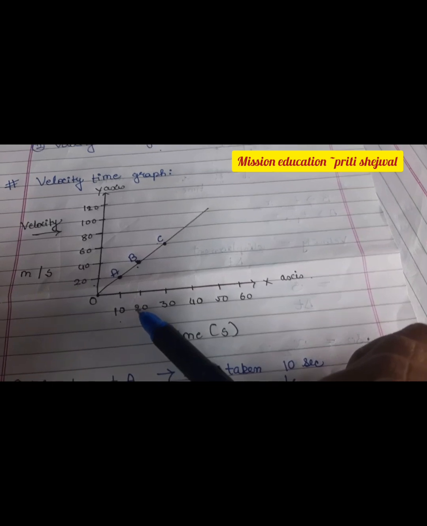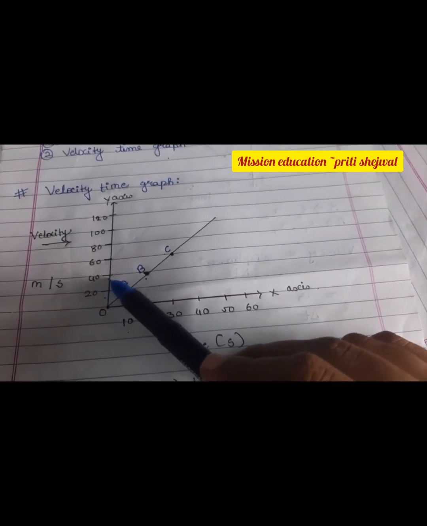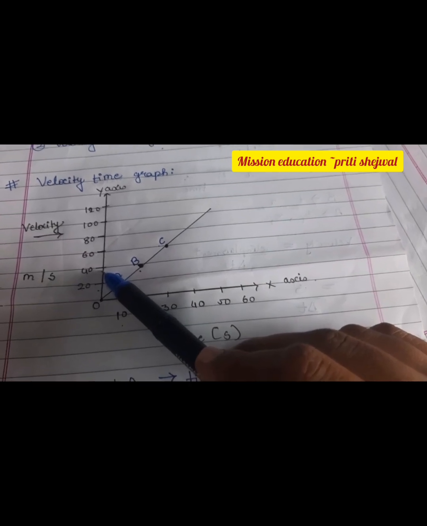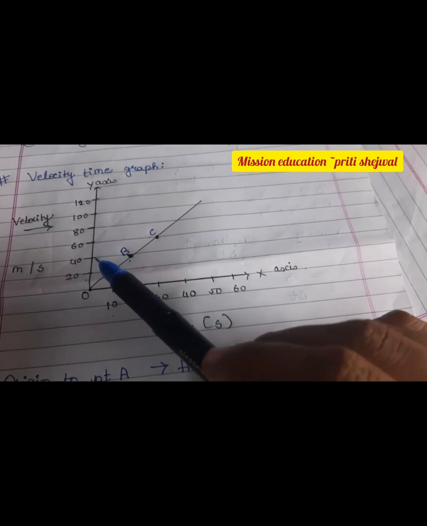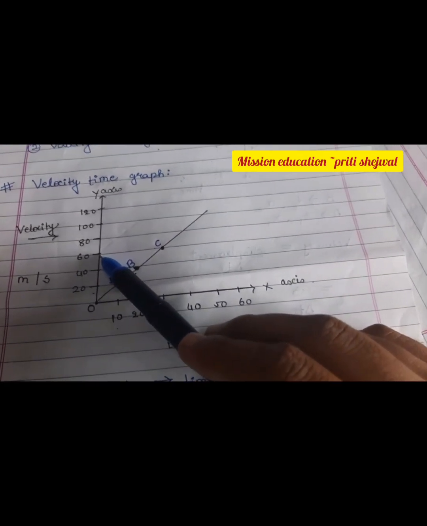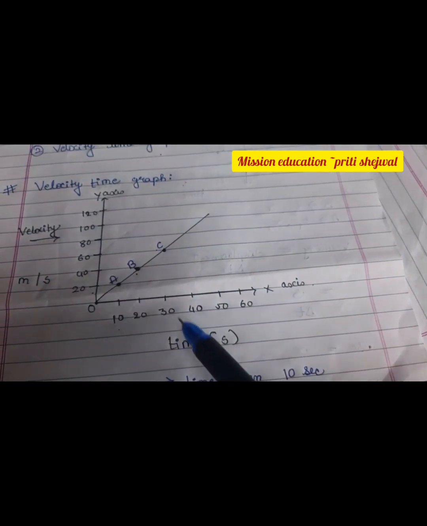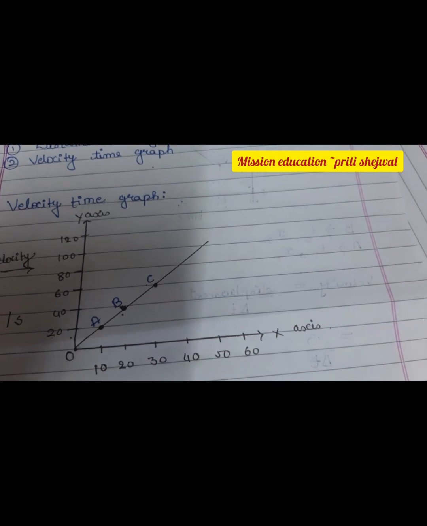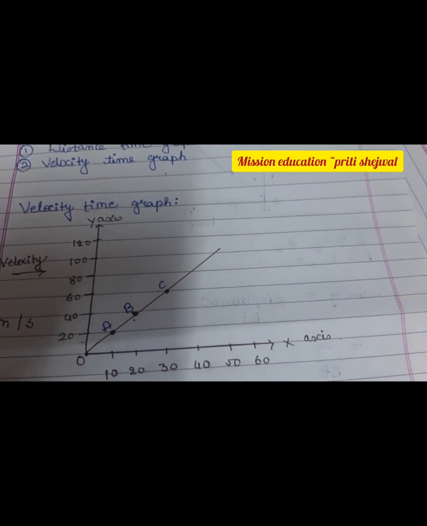After 10 seconds, the velocity of that car is 40 meters per second at point B. Again, after 10 seconds, the velocity of that car is 60 meters per second. The car took 10 seconds to reach point C, and the velocity is 60 meters per second at point C.